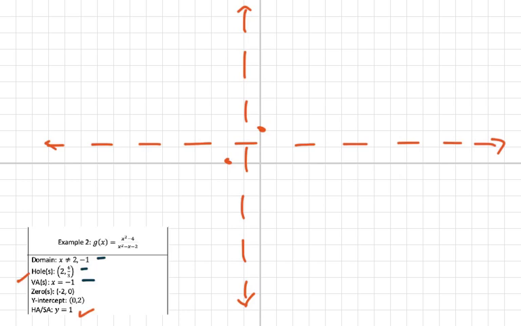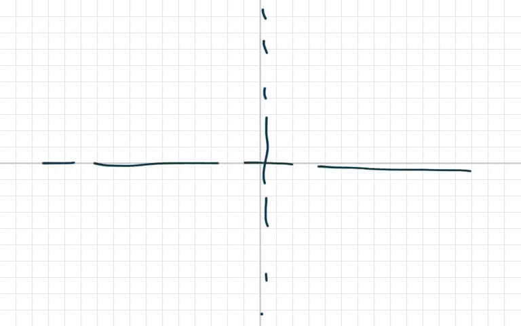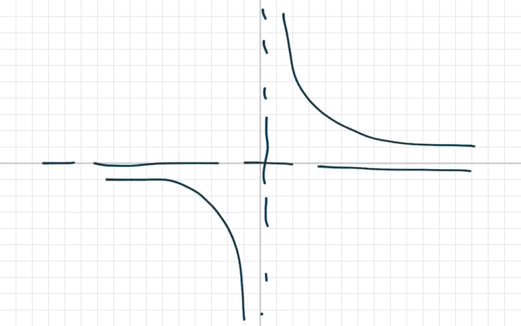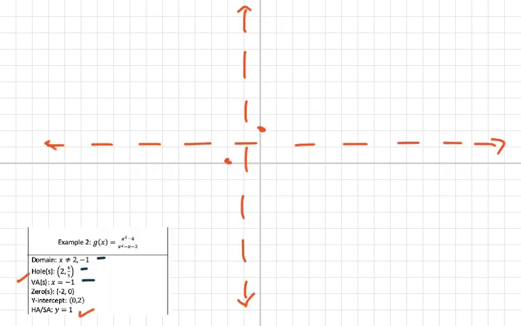So now, the basic graph of a rational function, if you remember, looks kind of like this, remember? Okay, where you shift up, down, right, left, okay? And so this is basically what we have, okay?